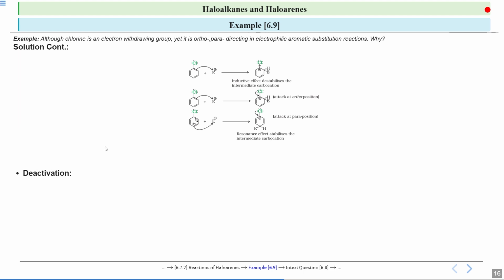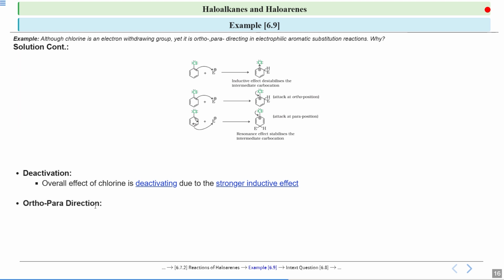Now, if you talk about deactivation, the overall effect of chlorine is deactivating due to the stronger inductive effect. If you compare the resonance and the inductive effect, the inductive effect is stronger. So the overall effect of chlorine is deactivating the ring due to the stronger inductive effect shown by the halogen.